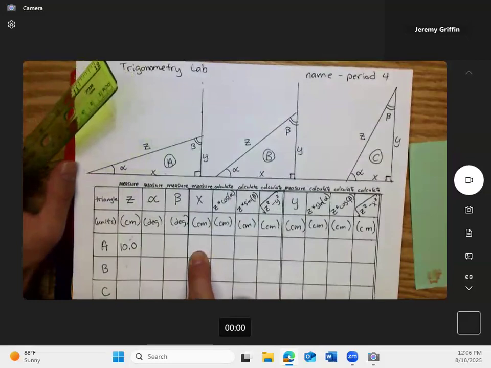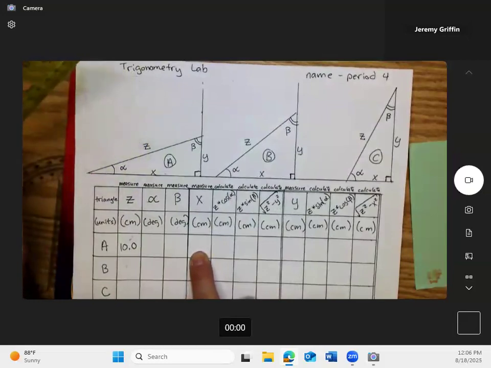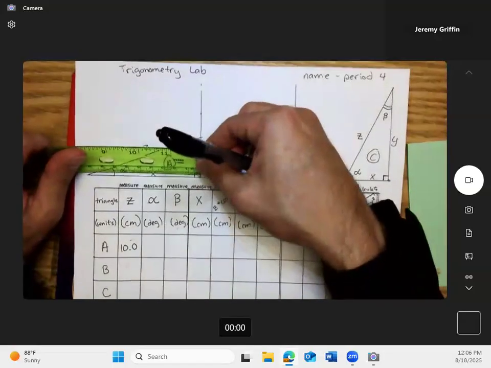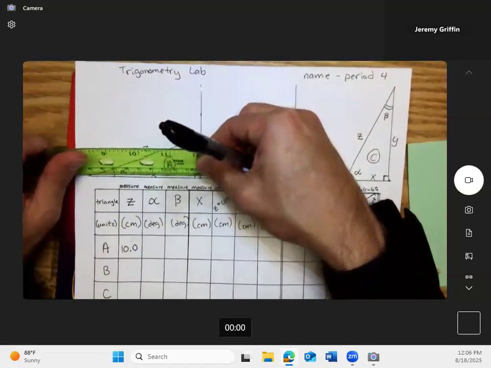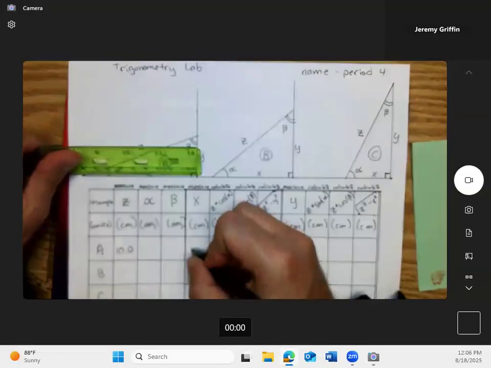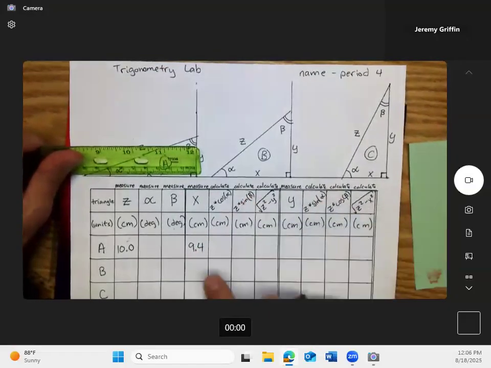So I'm going to skip over a few cells to side X. You guys get that? I've got my ruler in my hand, so it looks like side X is about 9.4, I think. I'm going to do 9.4 centimeters right there.